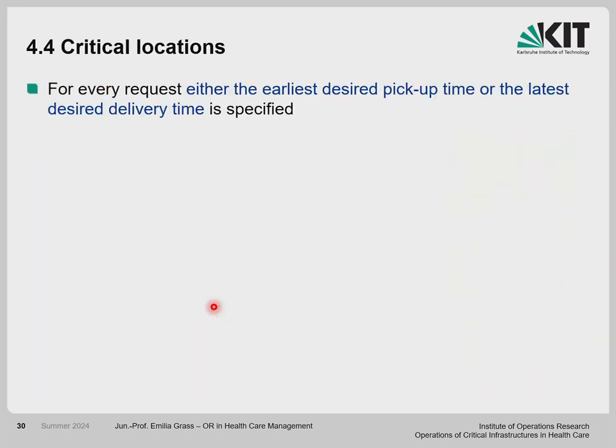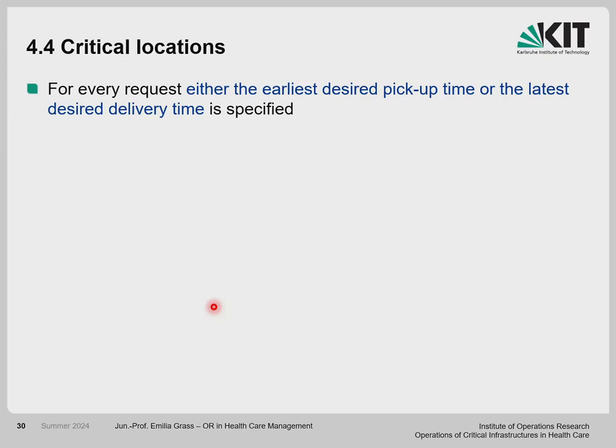Okay, and then critical location. If we promise that the patient will be at a particular ward at 10, then this is a critical location. That means at 9:30 they have to be picked up at home.